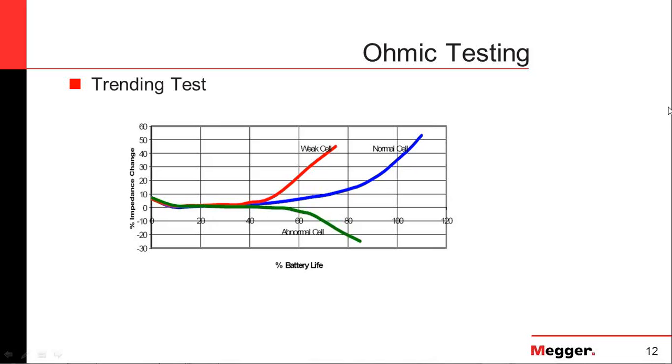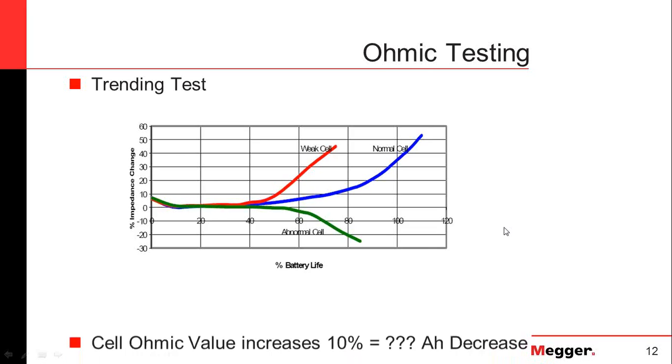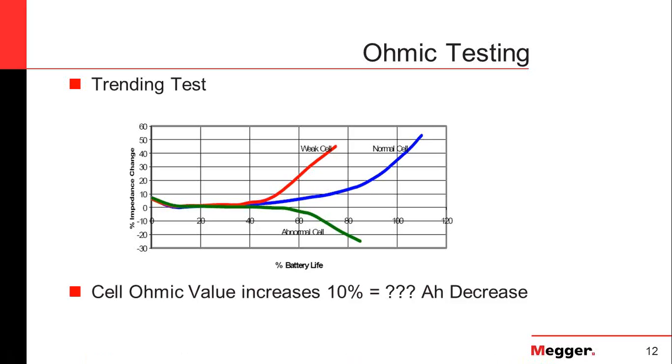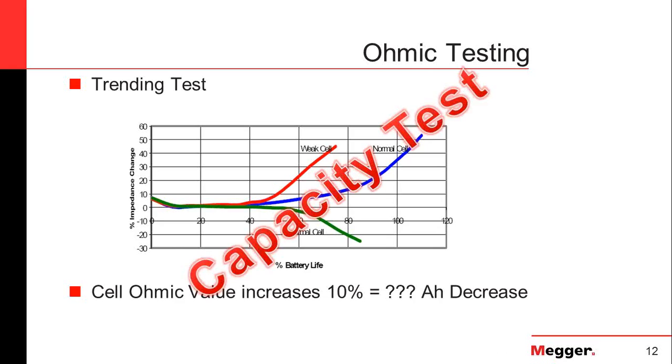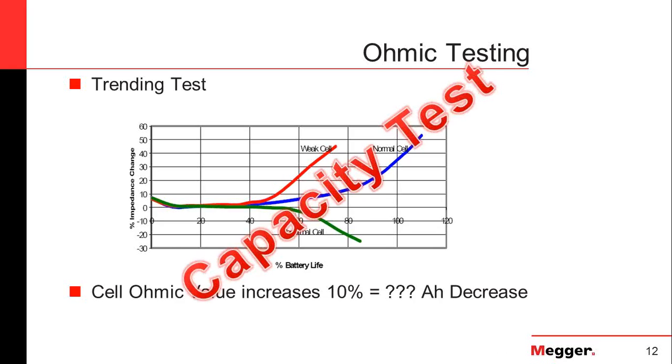As my ohmic value goes up, my capacity goes down. But if I have an ohmic value that increases 10%, I know that my amp hour rate decreased, but I don't know to what degree. So the only solution to this problem is to do a capacity test.